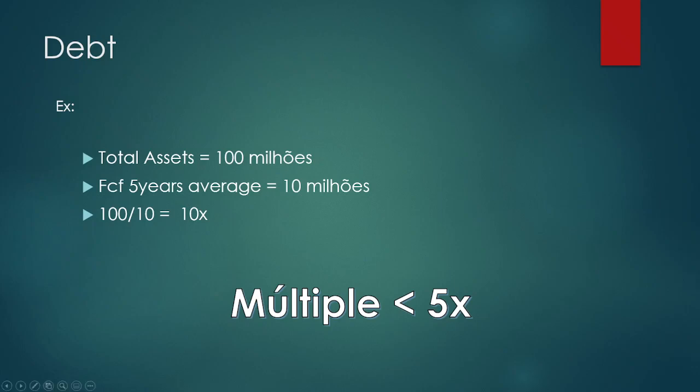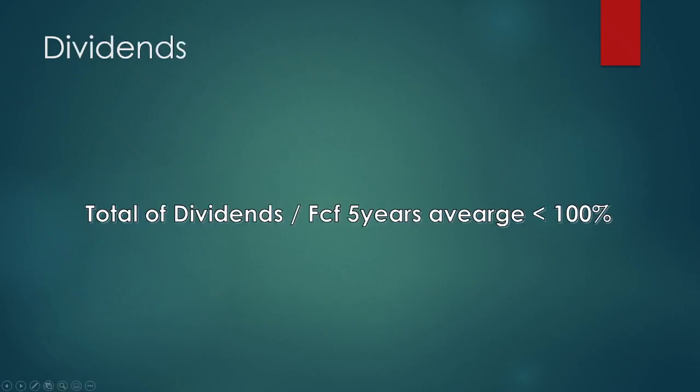Dividends. Many investors love stocks that pay a high dividend rate, so several companies increase their dividends to attract investors. However, it is necessary to understand if the company can afford them in a sustainable way, and for this we can use the free cash flow average. The idea will be to calculate the total amount of dividends paid by a company annually, and then compare this amount to the average free cash flow of the last 5 years.